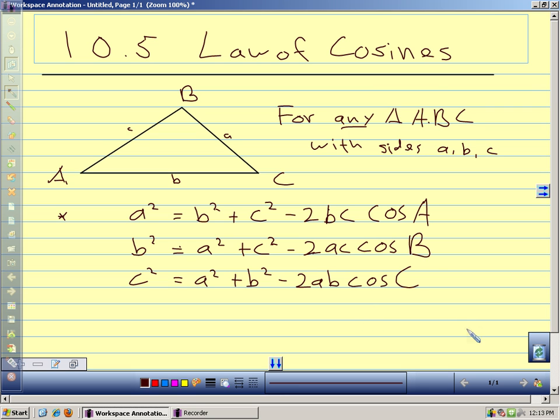Now let's look at this last equation. If I covered up this 2ab cosine C, what does that equation look like? That looks like the Pythagorean theorem. Somebody with a calculator out, find the cosine of 90 degrees.